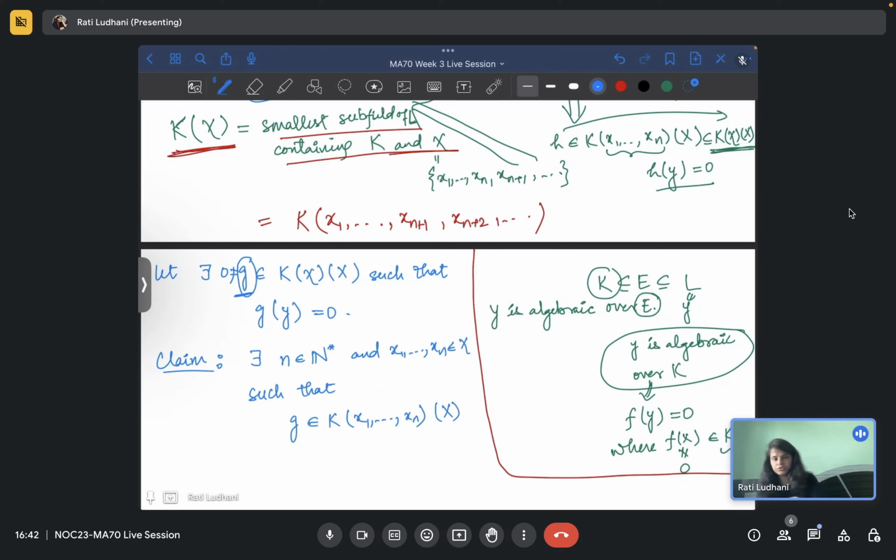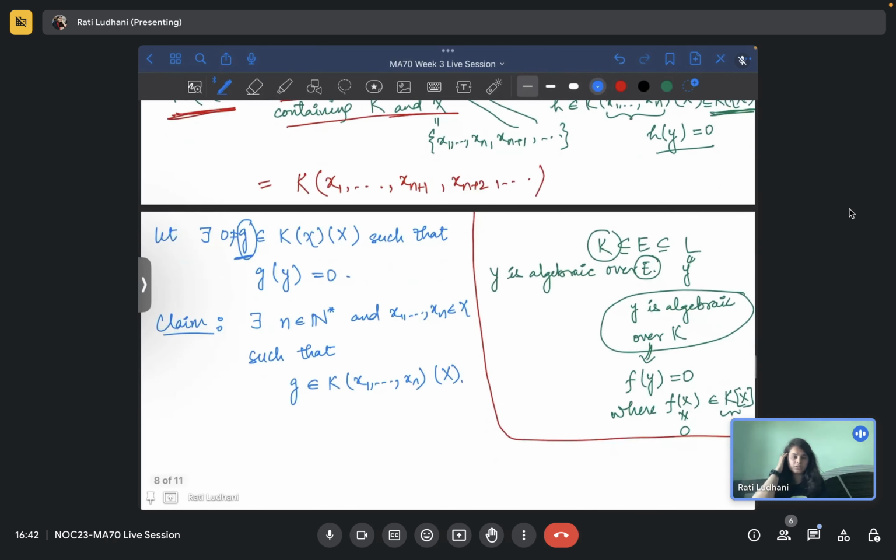We already know G of y is equal to 0. So I'm saying I can find some numbers x1 to xn such that G belongs to k(x1 to xn)[x]. Can anyone tell me what candidates I can choose for x1 to xn so that G belongs to this ring?